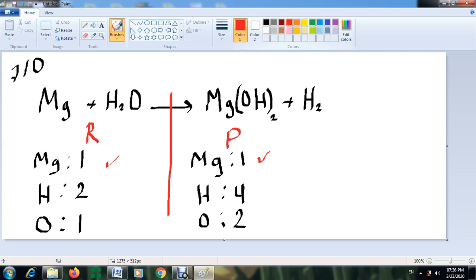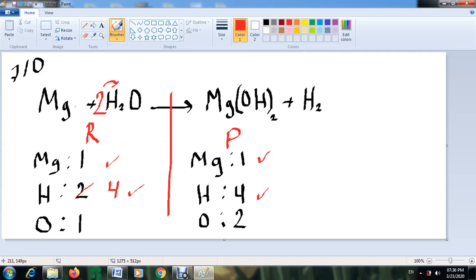You can multiply it by 2. So you put in front of H2O, the whole molecule, coefficient 2. Now you multiply this 2 with this subscript, which means we have 4 hydrogen atoms. So hydrogen has been balanced.